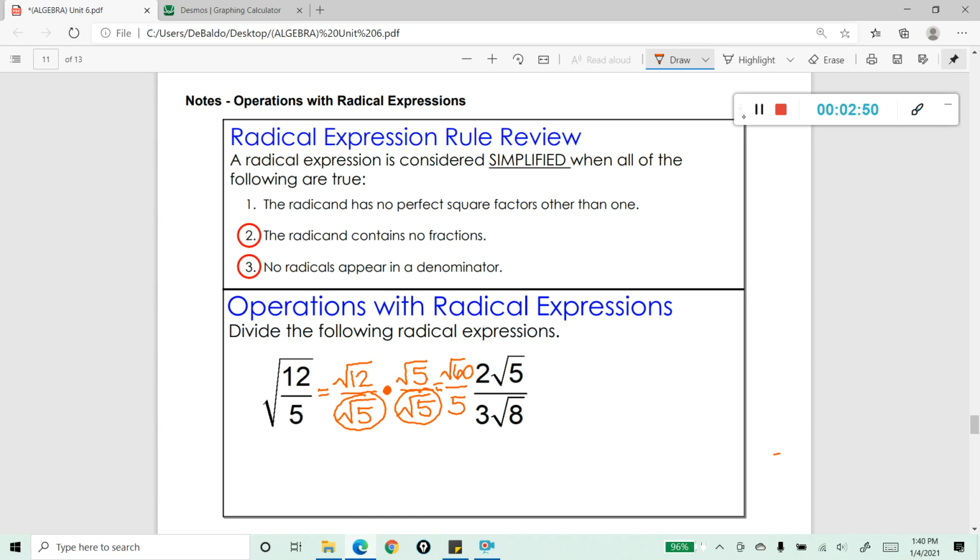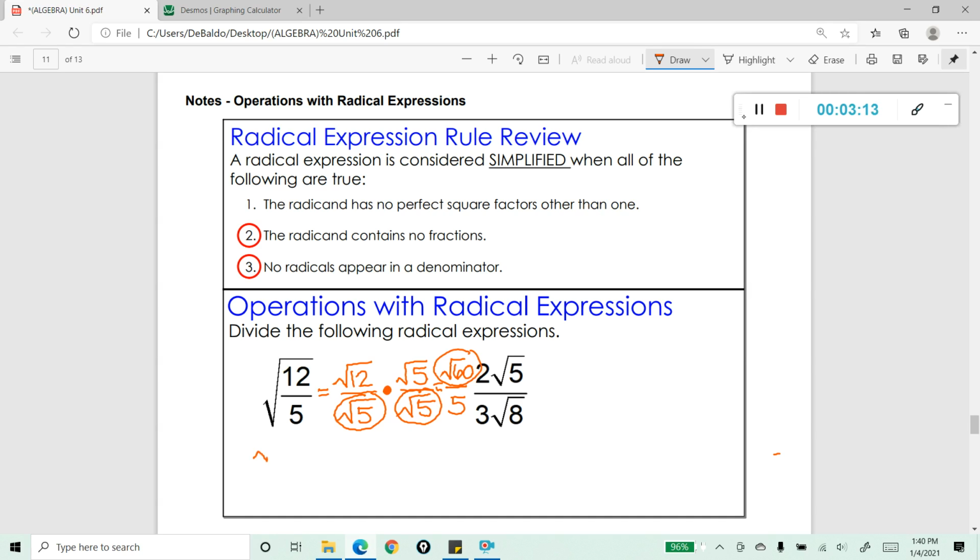But do you see how now not only number 2 is satisfied, now number 3 is satisfied, but now I'm back to number 1. The radicand has no perfect square factors other than 1. Look at the numerator. Do you see how the numerator is the square root of 60? Can I break that down a little bit more? I think I can.